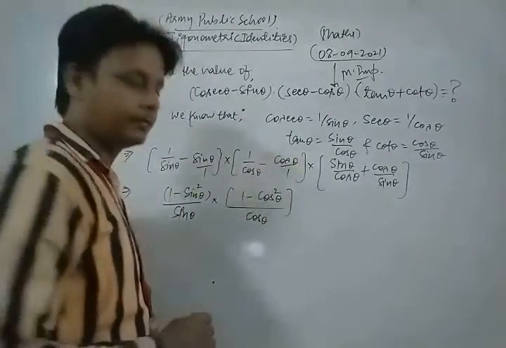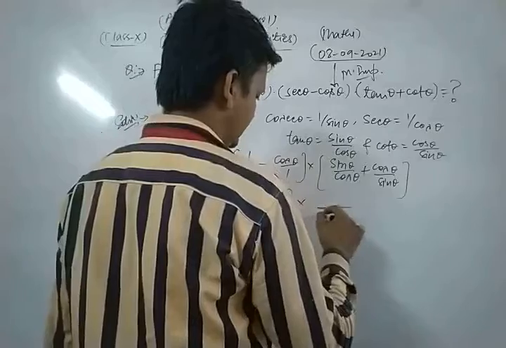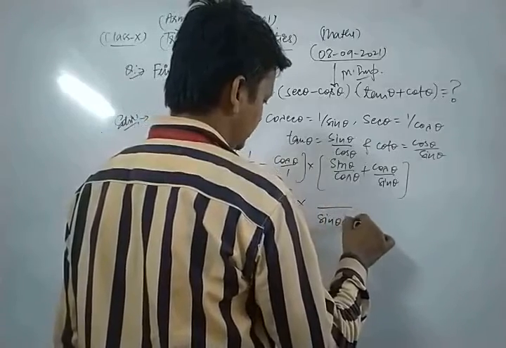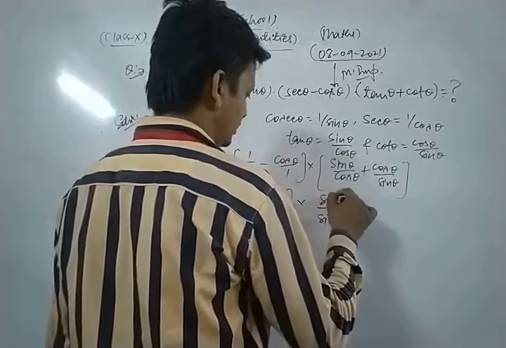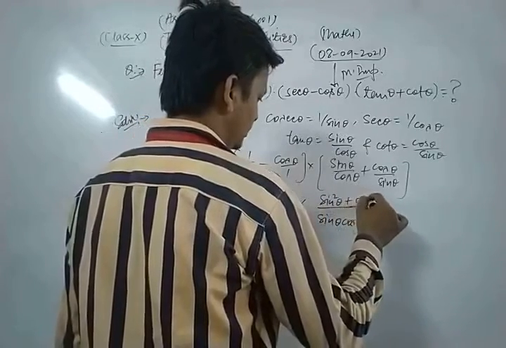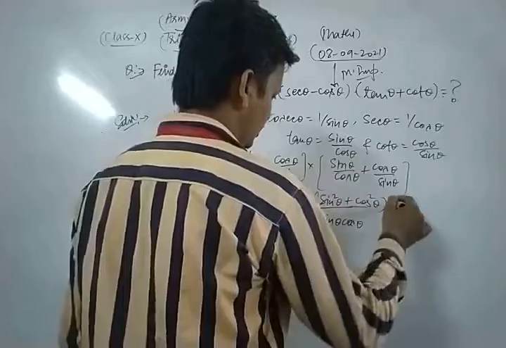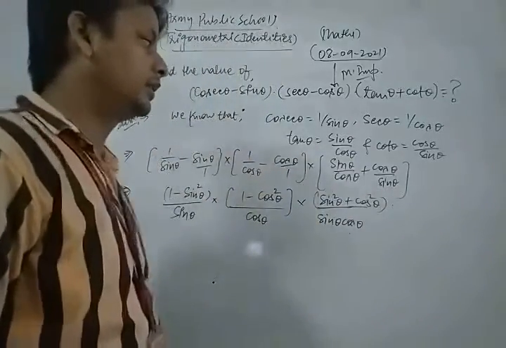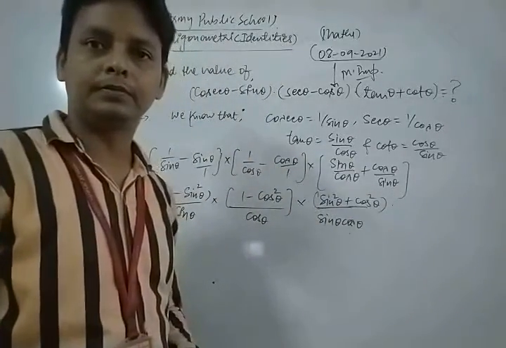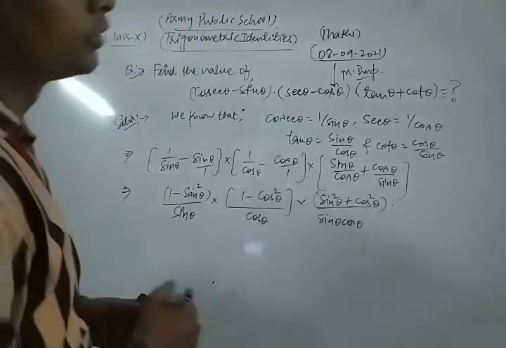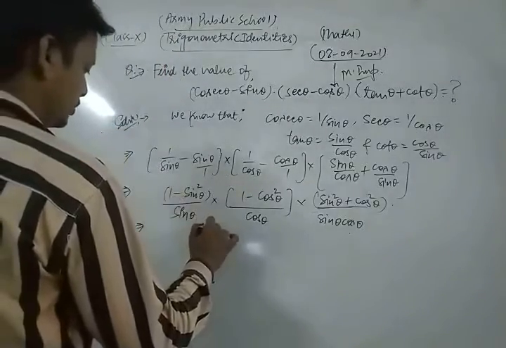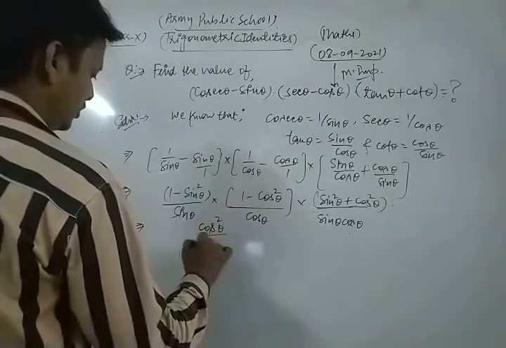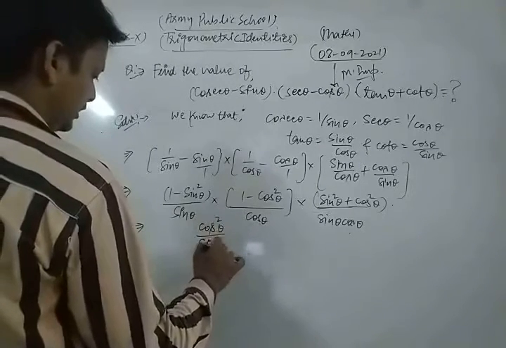We can write in this way. And here we take sin theta and cos theta as LCM, so we get sin square theta plus cos square theta, and the value of sin square theta plus cos square theta is 1. So we get 1 minus sin square theta, that is cos square theta, upon sin theta, right as it is.